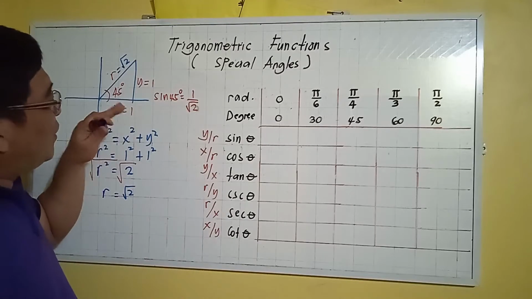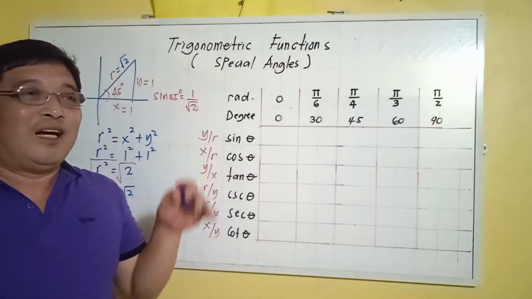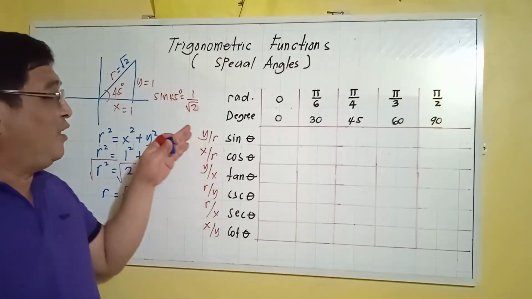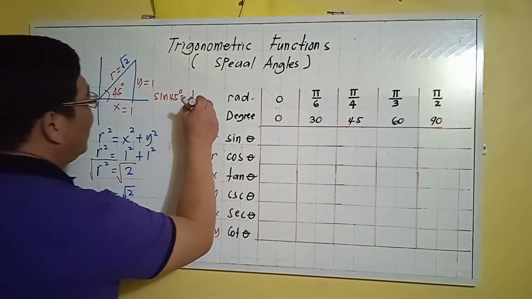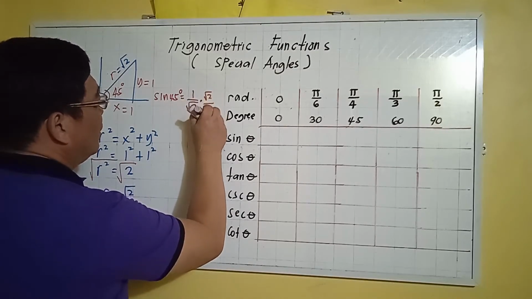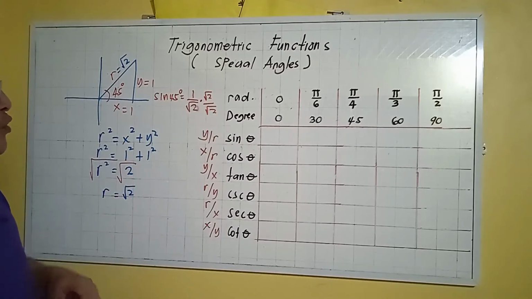Now, in case na meron tayong square root sign dito sa denominator, kailangan natin tanggalin yung square root by rationalizing it. We are going to multiply this by square root of 2 over square root of 2 para mawala yung square root of 2 doon sa denominator.